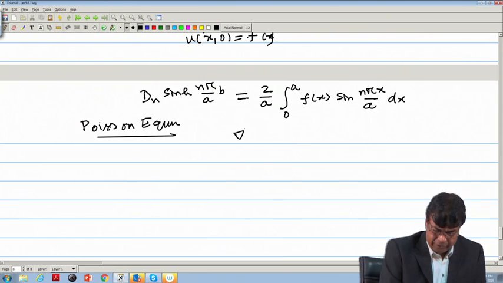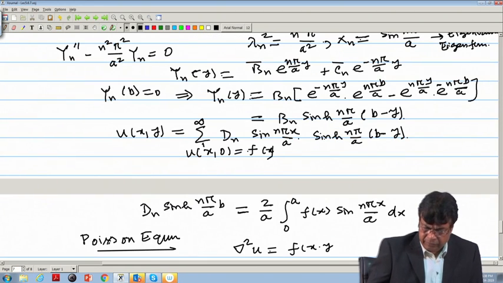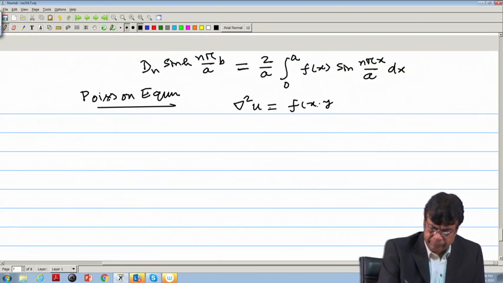Now, consider this Poisson equation, which is when we have a non-homogeneous situation. So we have a situation like this.